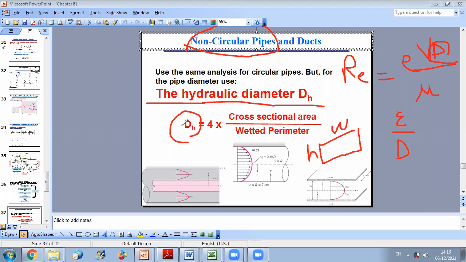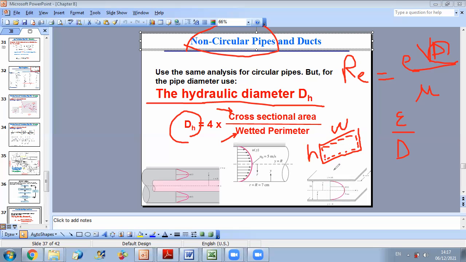The hydraulic diameter is equal to 4 times the cross-sectional area over the wetted perimeter. What do we mean by wetted perimeter? It is the perimeter in contact with the fluid. So if you have a rectangular duct, the perimeter in contact with the fluid is this one.